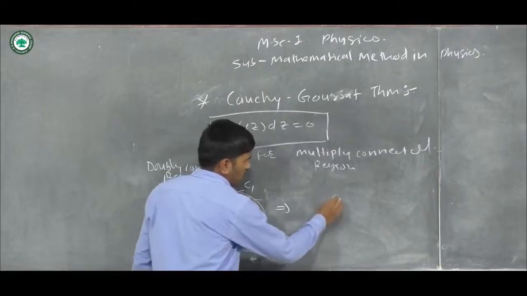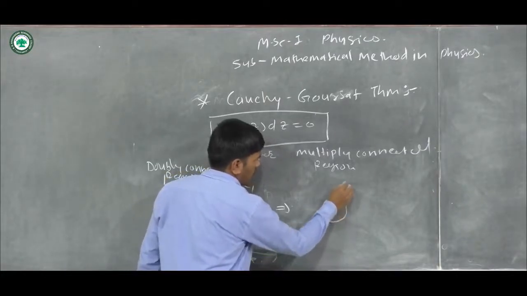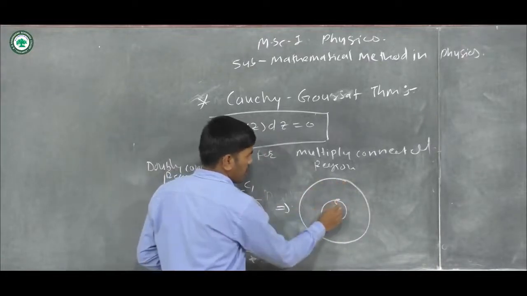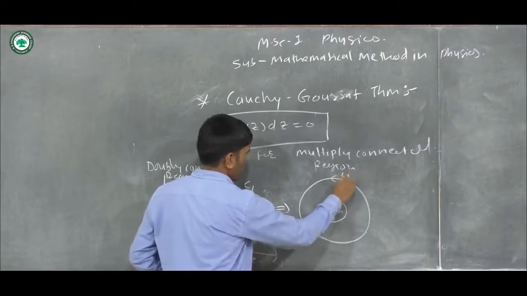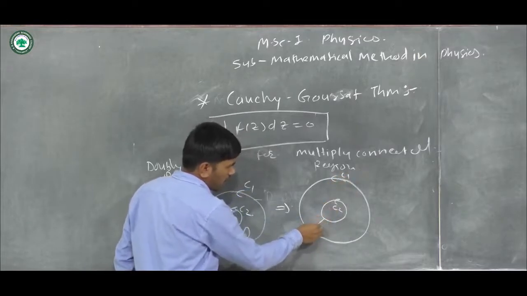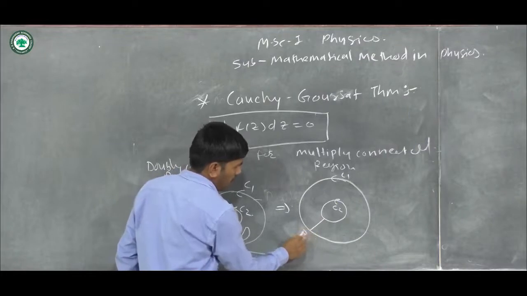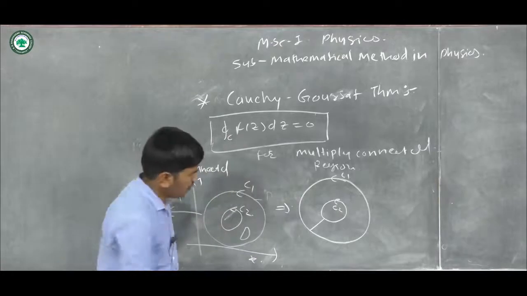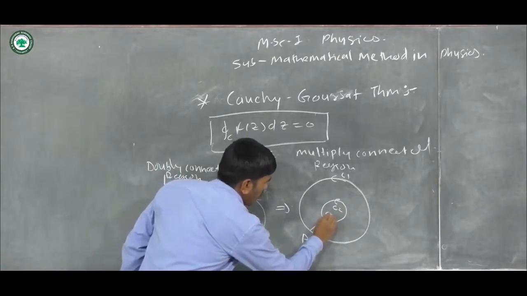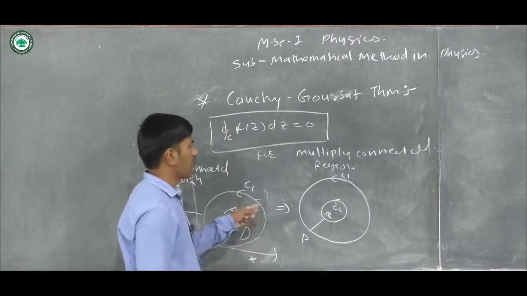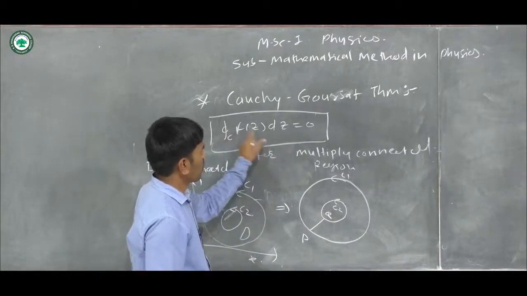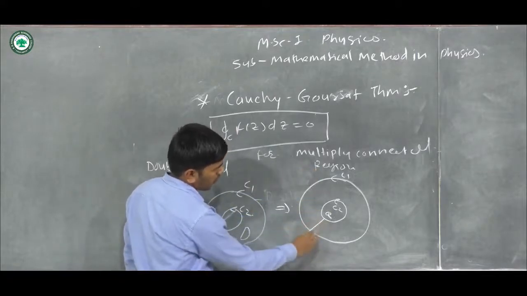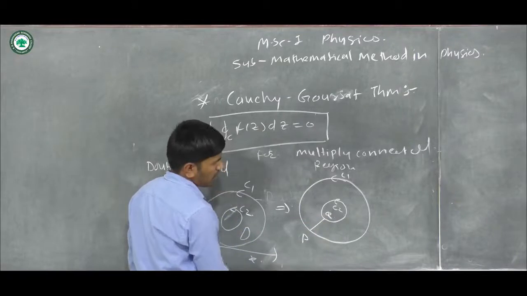So the procedure is, suppose this is a doubly connected region, C2 and this is C1. I am making a cut here, that is P and Q. This is the important thing when we study the conversion of a multiply connected region to a simply connected region. So I make the cut here.